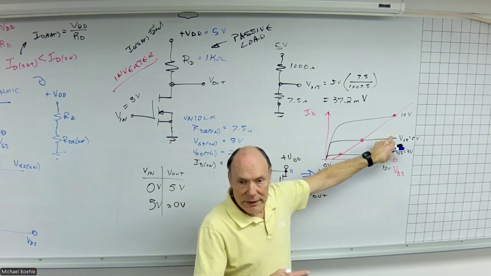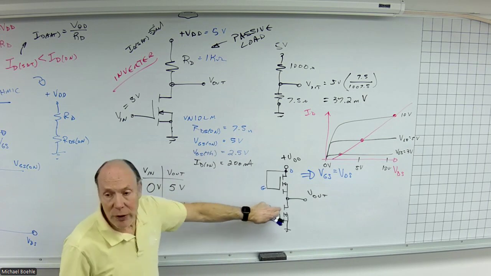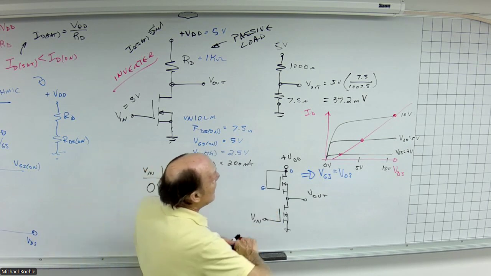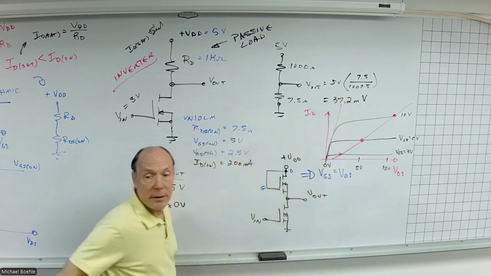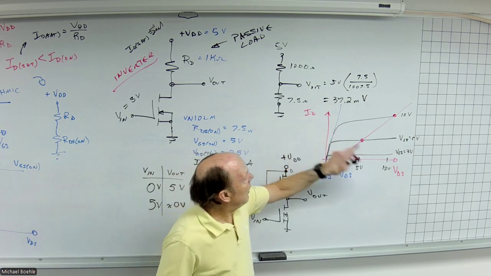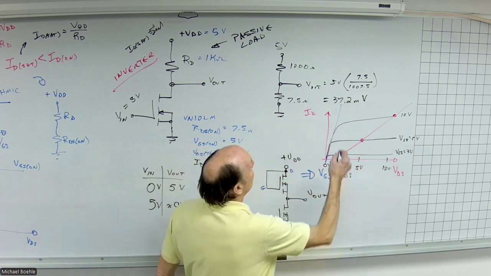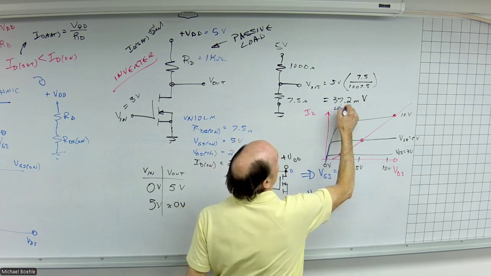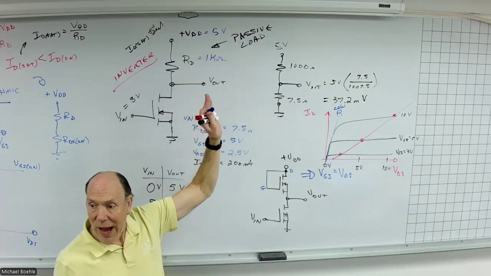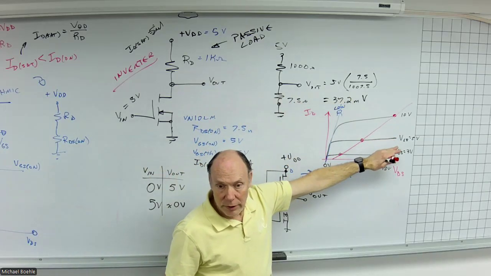Now, what's important about this? Well, when I'm operating this transistor as a switch, I'm operating back here. Remember, current divided by voltage is the inverse of resistance. So this is a very low resistance because the slope is very high. But here, the slope is lower.